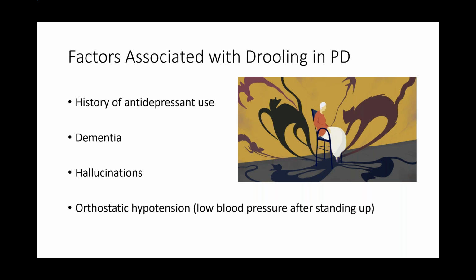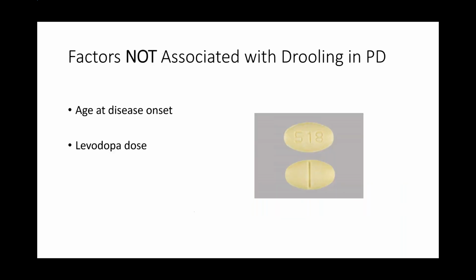And finally, orthostatic hypotension is the tendency of the blood pressure to fall when you stand up or sit up. And this is also typically a symptom related to advanced Parkinson's, and therefore it suggests that it's related to how long someone's had Parkinson's, and how that's related to drooling.